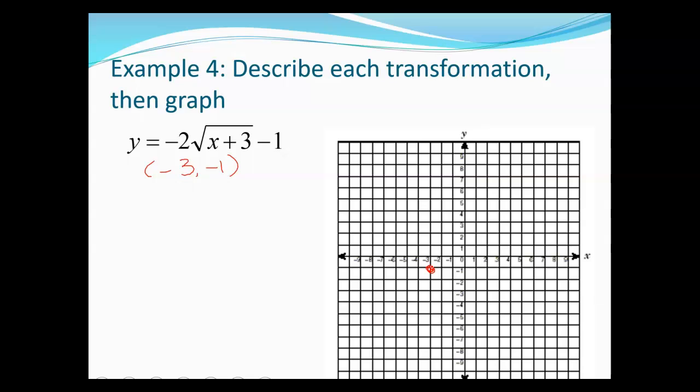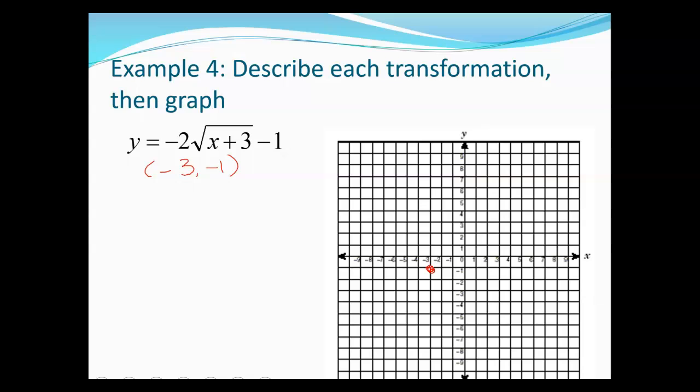Reflects it. So now instead of going up, it's going to go down. And the 2 is going to do what to my graph? Okay. So that means that my y values are once again going to change. So you have -3, -1.